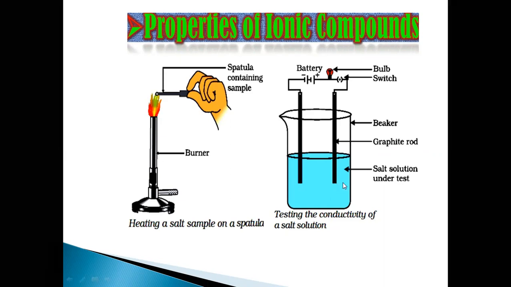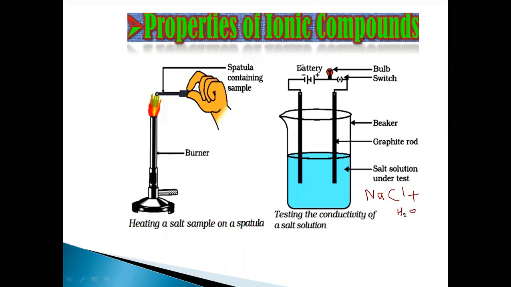So cathode attracts cation. Whatever salt is there, for example NaCl salt, in the form of solution, here it will go positive, maybe Na plus or H plus. Look at here, this is a solution of NaCl plus water, in the aqueous form, H2O.